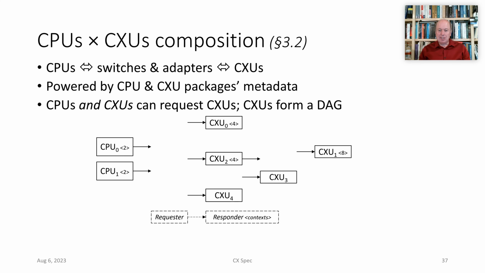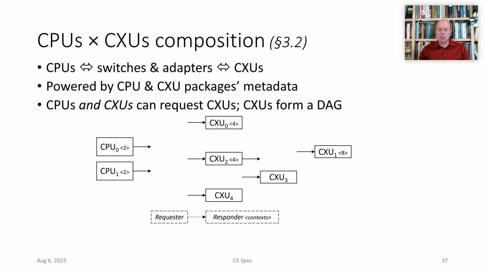CXU1 has 8 state contexts, 4 for the CPU harts and 4 for the 4 state contexts of its CXU2 client. CXU3 and CXU4 are stateless and will have 0 state contexts. Note that CXU3 is at feature level 1, while the rest of the components are feature level 2.